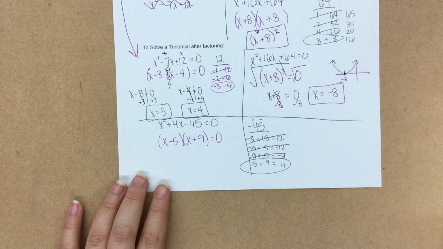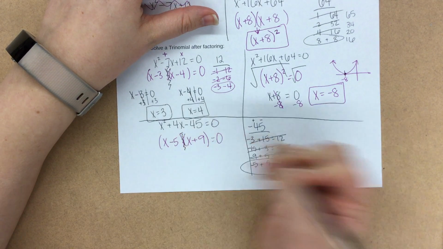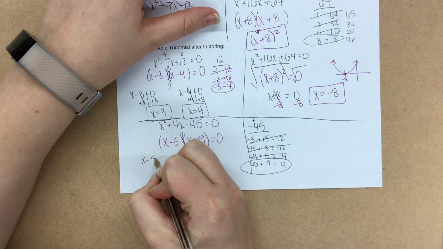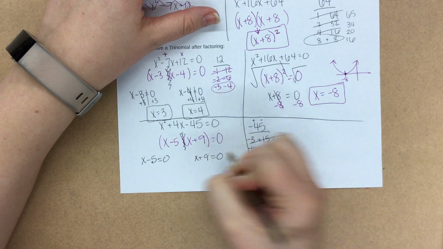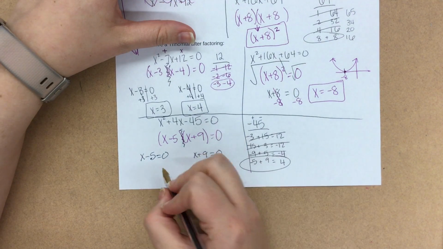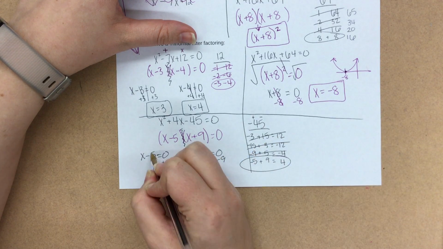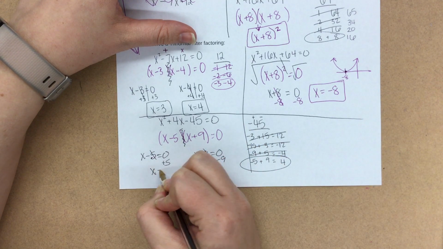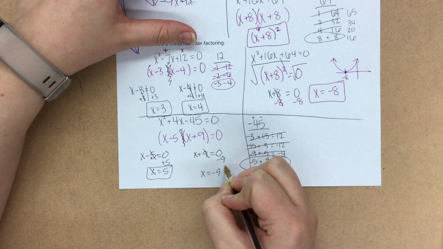Okay. All right. And then to finish solving these, I'm going to separate them and solve x minus 5 equals 0 separately from x plus 9 equals 0. And the nice thing about this is it always ends up being a simple one-step problem. This side I have to add 5. This side I subtract 9. So I'm going to get x equals 5 here, and x equals -9 here.